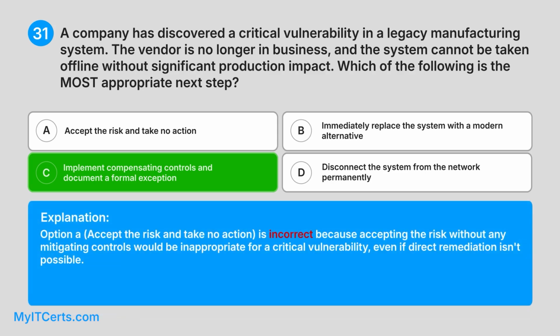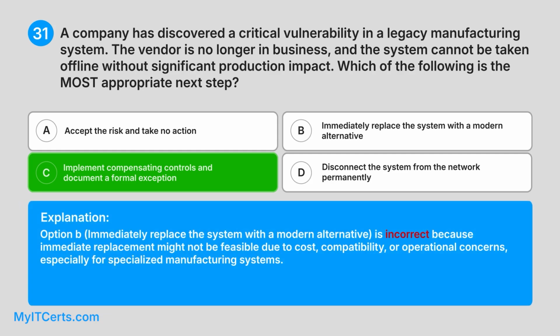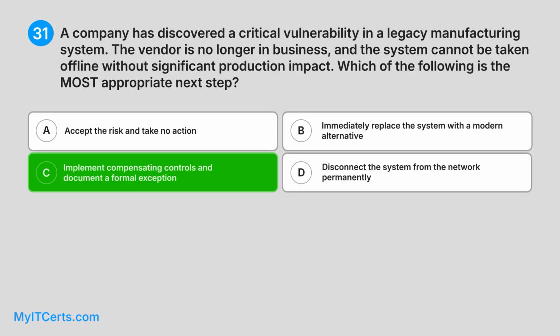Option A, accept the risk and take no action, is incorrect because accepting the risk without any mitigating controls would be inappropriate for a critical vulnerability, even if direct remediation isn't possible. Option B, immediately replace the system with a modern alternative, is incorrect because immediate replacement might not be feasible due to cost, compatibility, or operational concerns, especially for specialized manufacturing systems.